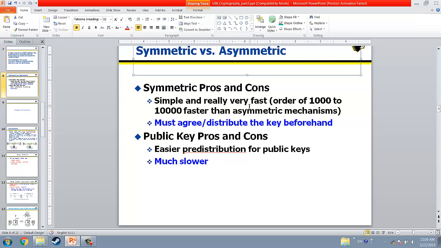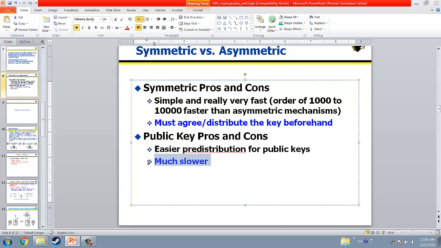In real application, if you compare these two methods, you will find symmetric is simple and generally is fast. But the issue is, you need to distribute the key beforehand. But for the asymmetric, generally it's much slower. But it's easy pre-distribution for public keys.